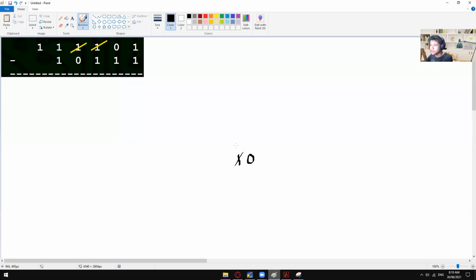So of course this 1 will become 0, but this 0 will become 2. Okay, so 2, but in binary this one is 10, right? So you're going to put here 10. Okay, that's how things go in binary subtraction.